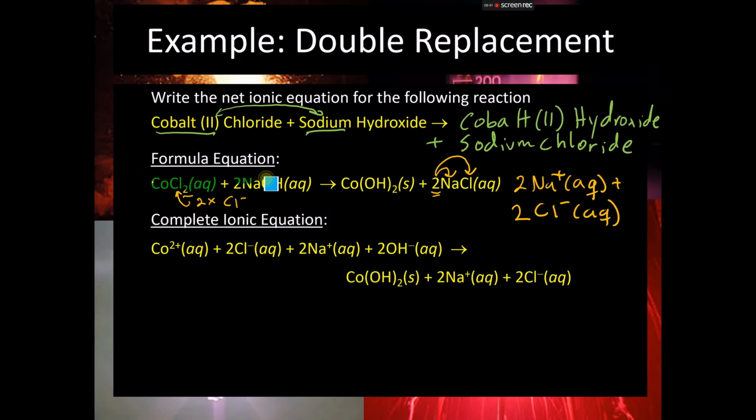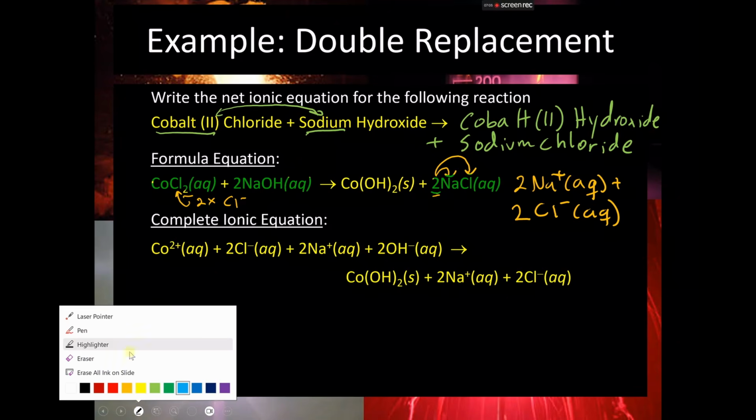The NaOH is aqueous, so we need to separate that. We're going to leave the Co(OH)2 alone because the Co(OH)2 is solid. But the NaCl, again, also aqueous, so we need to separate it. So everything here that I highlighted in green, we're going to separate because they're aqueous. Whereas this cobalt 2 hydroxide, the Co(OH)2, is solid, so it's going to stay together.